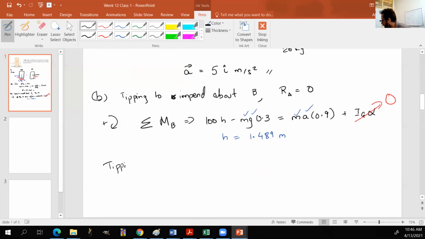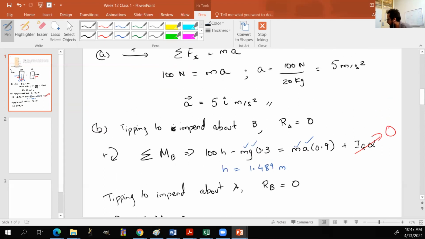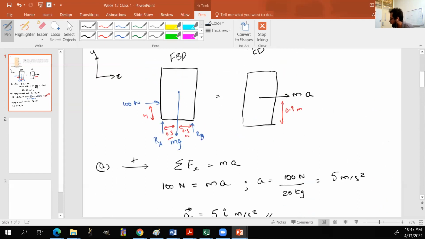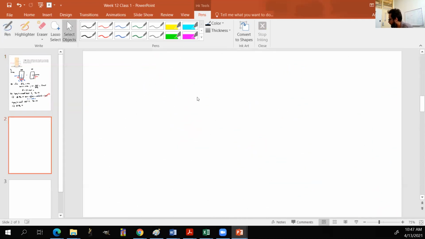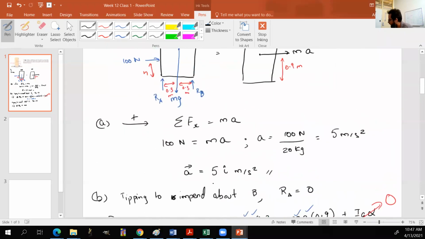Similarly, we do tipping impending about A, then you say that the reaction force at B is equal to 0. Do the same thing, say clockwise positive. Now you take the moments about A because then you don't need to worry about RA. So about A, you'll have 100 newtons times H in the clockwise direction, so positive, 100 H. Now mg will cause a clockwise moment, so that's positive.